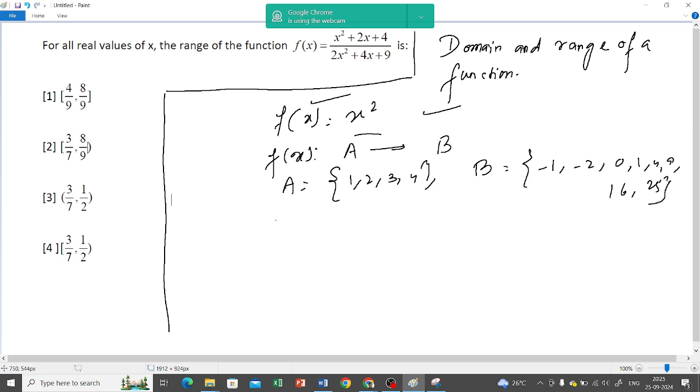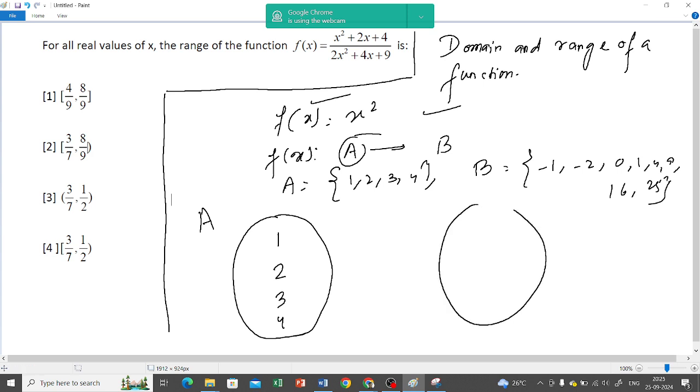Now, how is the Venn diagram going to look? It is also called the arrow diagram, not Venn diagram. Set A is the domain, remember, the first one is the domain, so I put 1, 2, 3, 4. Set B is the codomain: -1, -2, 0, 1, 4, 9, 16 and 25.